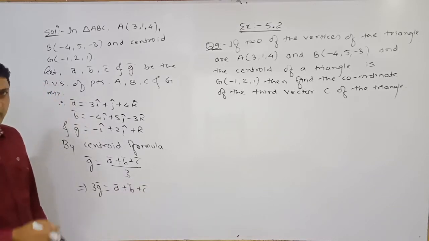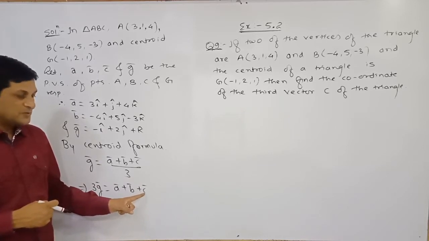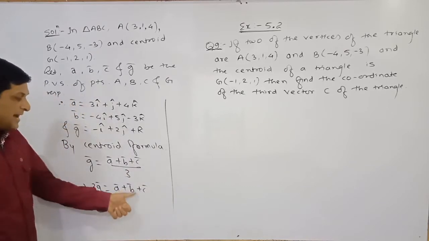Now our aim is to find the position vector of point C, or the coordinates of the third vertex C, which means we have to find the value of C bar here. So let us substitute the values of G bar, A bar and B bar.